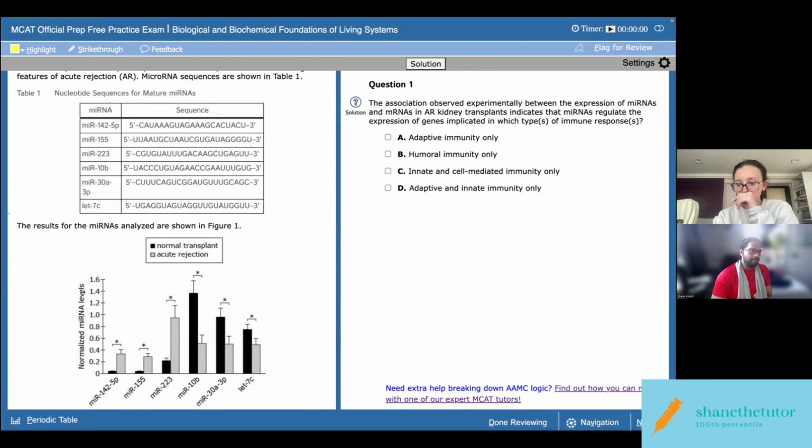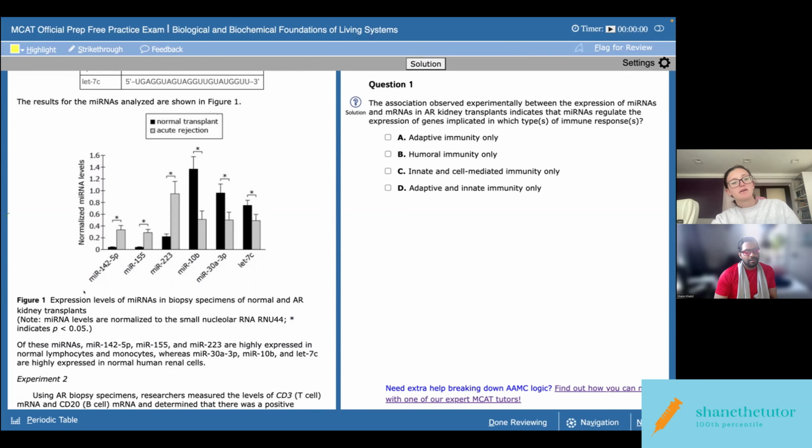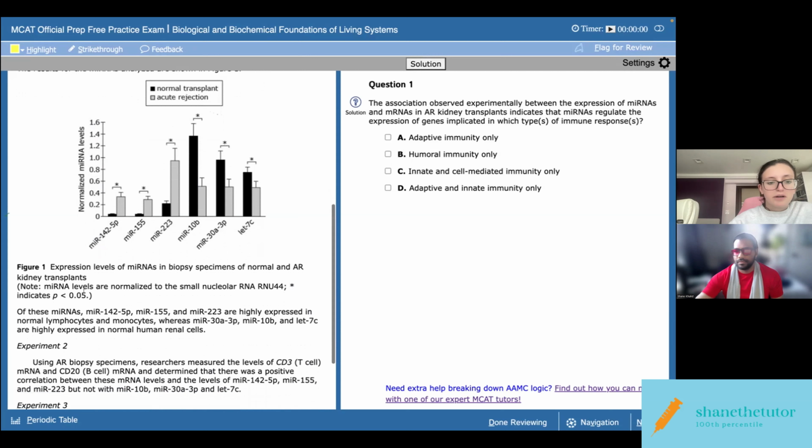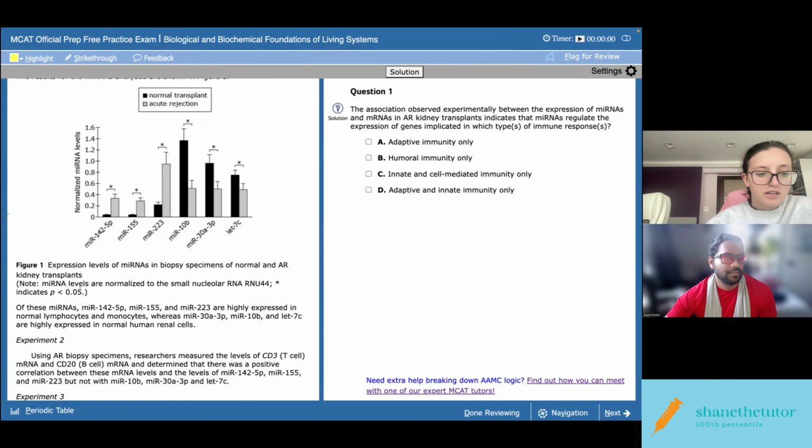And then the next one. The results for the microRNAs analyzed are shown in Figure 1. Expression levels of microRNAs in biopsy specimens of normal and AR kidney transplants. Of these microRNAs, these ones are highly expressed in normal lymphocytes and monocytes, whereas... So tell me a bit about this figure here.